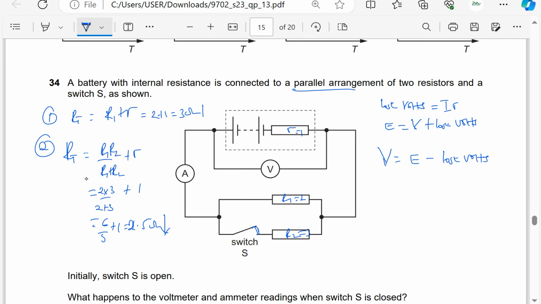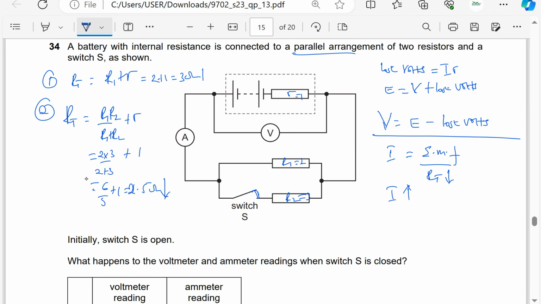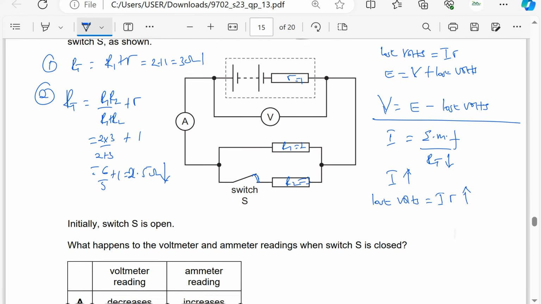So total resistance has decreased, but the EMF has not changed. So the current is equal to EMF over total resistance. Since total resistance has decreased, the current through the circuit has increased. And if the current has increased, the lost volts, which equal I times r, have increased.